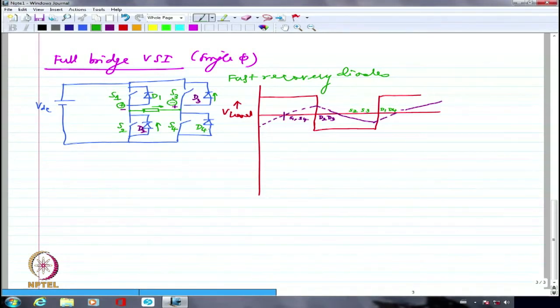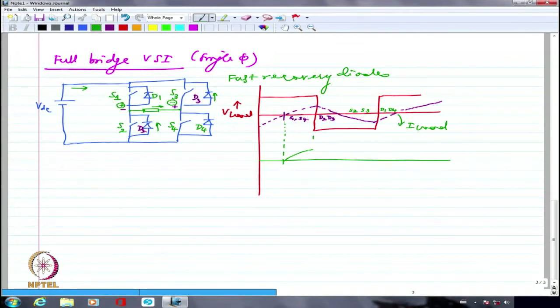If I try to look at what is the kind of current I'm going to see from the source side, so this is load current and this is load voltage. What is the supply side current that is going to come up? When I am looking at S1 and S4 conducting, I'm going to have the current going like this. Whatever is the S1 and S4 current, it is going from the supply towards the load.